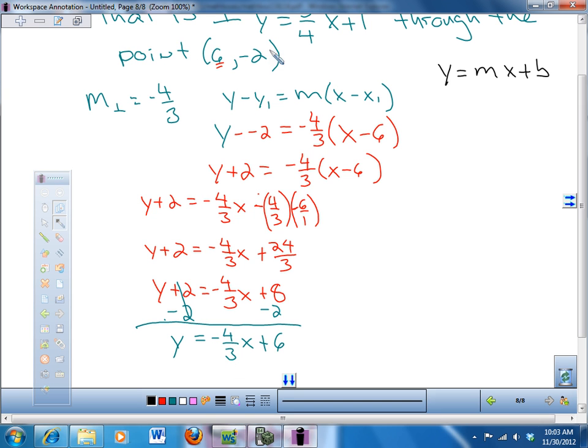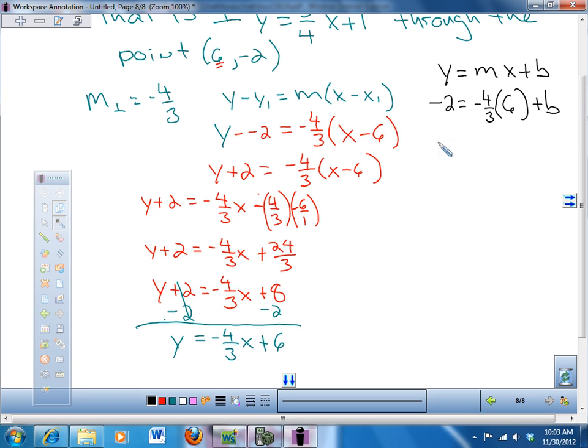So I take my y, I plug in negative 2 for y, and I plug in negative 4/3 for m. What do I plug in for x? 6. And b I don't know yet.